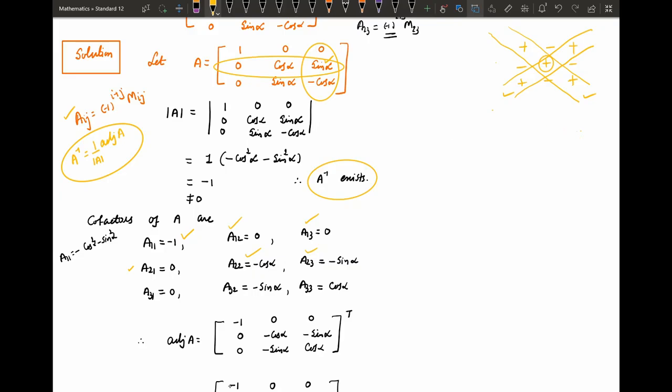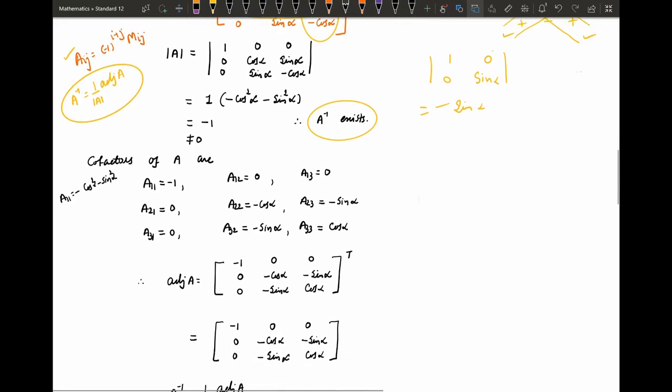So that is 1 0, 0 sin alpha. Its value is sin alpha, but it is the cofactor of sin alpha, so we have to give the sign. So this is minus sin alpha. So A23 is minus sin alpha. So for each of the 9 entries, first we have to find their cofactor.